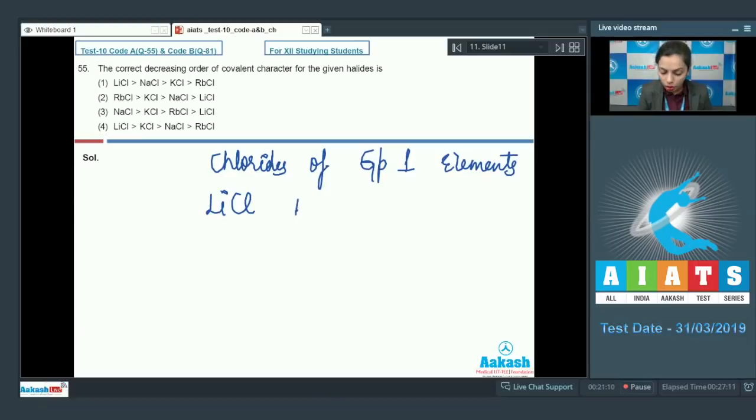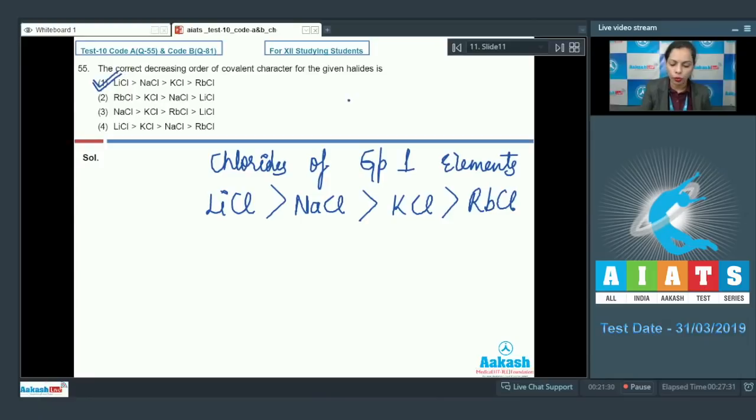After this, there would be the turn for sodium chloride because the size of the sodium ion is slightly bigger than the lithium ion and less than the potassium ion or the rubidium ion. After that, there would be KCl, and then there would be rubidium chloride. So the order would be this. This order is correctly given here in option 1. So if you choose this correct option, then definitely you'll score marks for this question.